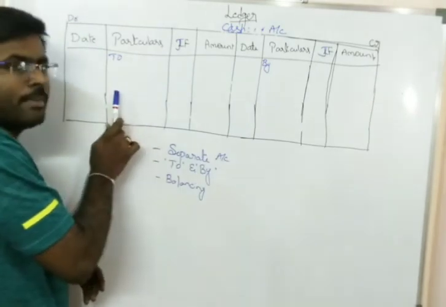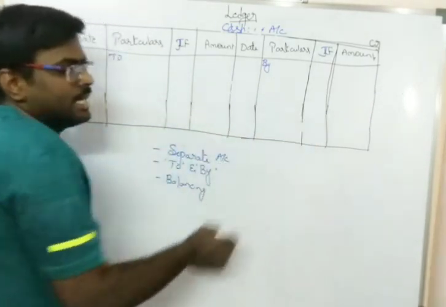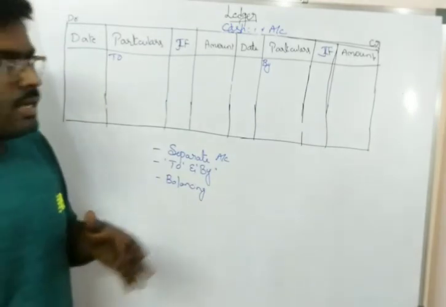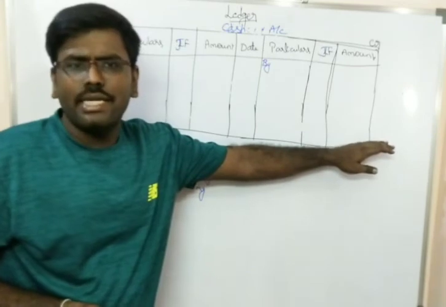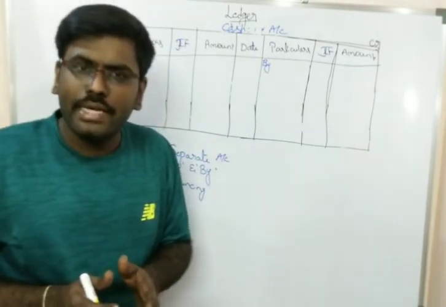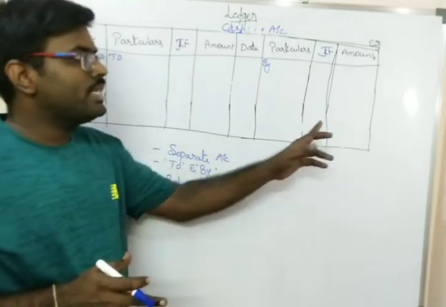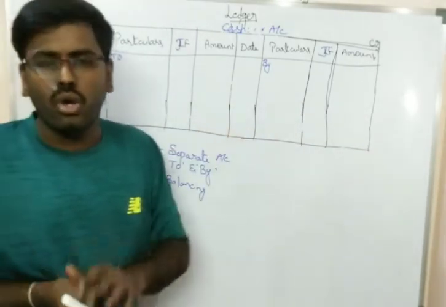You have to go for balancing, totaling both the debit side and the credit side. Once the totaling has been completed, you have to see whether the credit amount and debit amount have balanced or not.